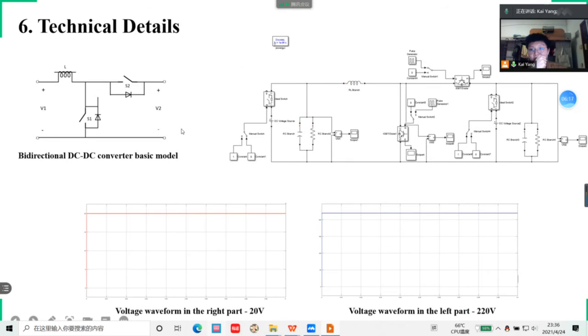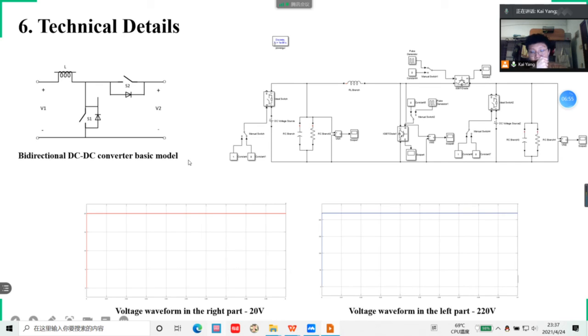And for the bidirectional DC converter, this figure is its basic model and this figure is our simulation model. According to the basic model, we could find this resistor and this diode work together, then the voltage will be supplied from the left to the right, and when this resistor and this diode work together, the voltage will be supplied from here to here.